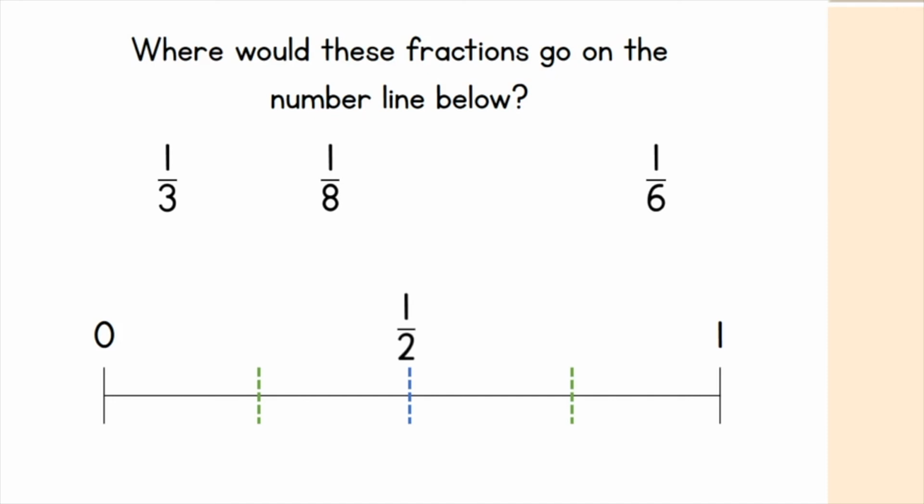But we do have one with a denominator of 8. What could we do with those 4 equal pieces to make it into 8 equal pieces? We could divide each of those 4 in half. That gives us 8 equal pieces. Do you see where 1/8 would go? Exactly.